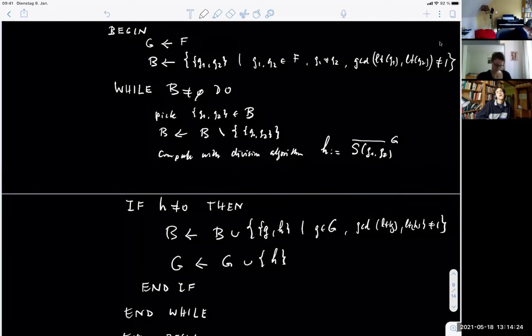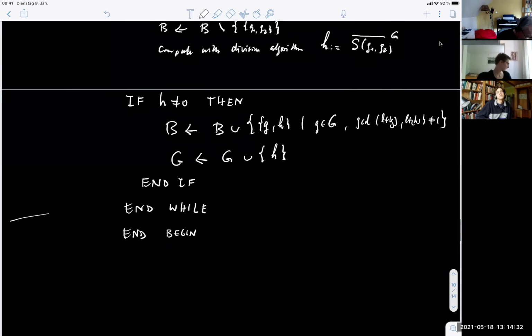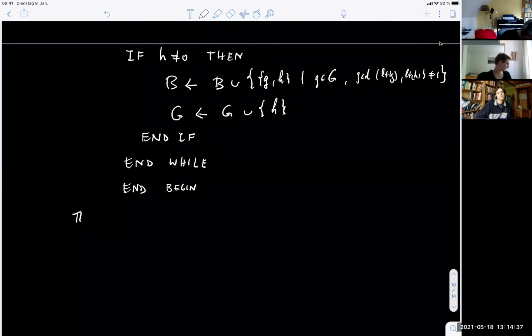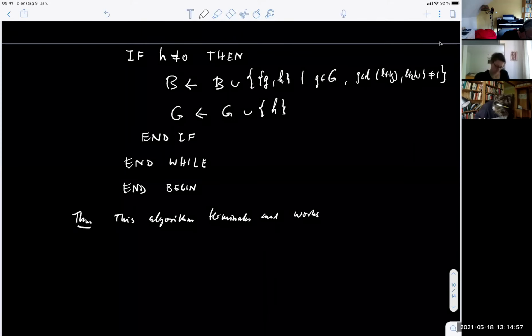Okay, now let's show that this actually terminates and works correctly. So I have a little theorem. It says this algorithm terminates and works correctly according to specification.